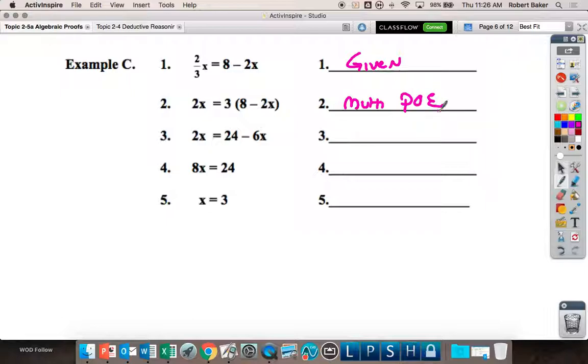So they multiply both sides by 3, or the denominator. Alright, then what happened? Distributive property.